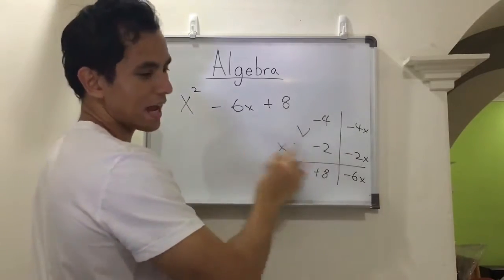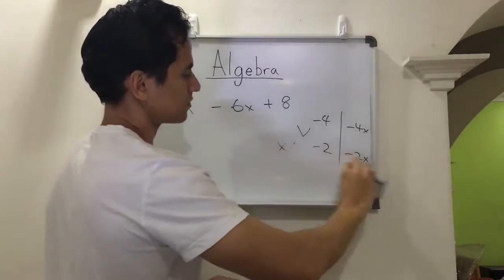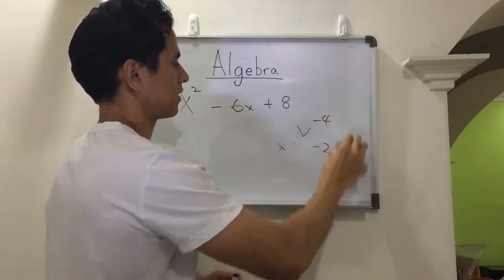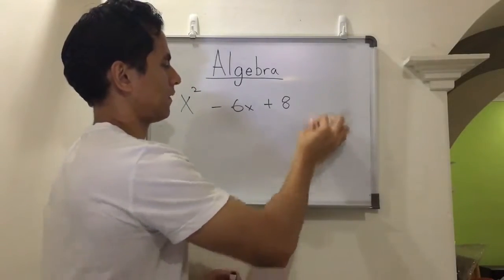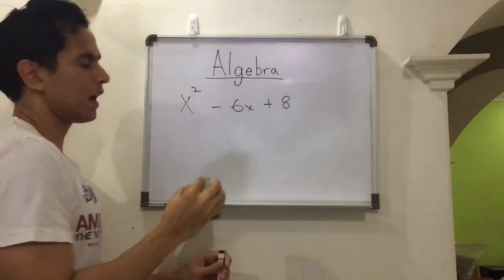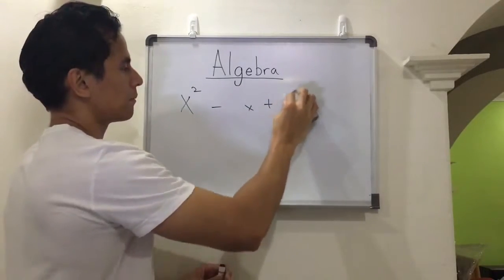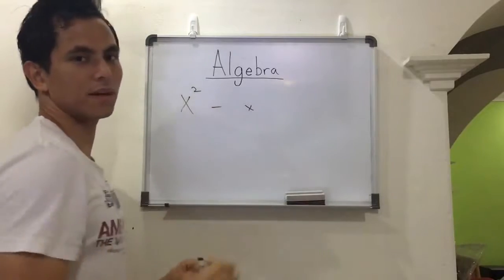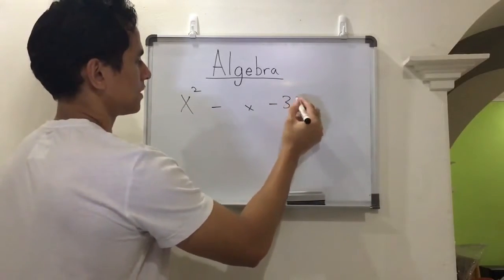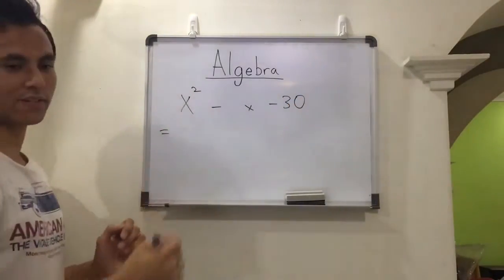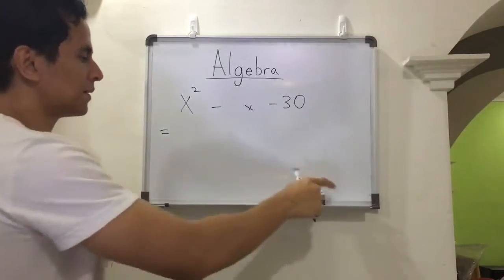Okay, say now I had x squared minus x minus 30. Okay, so minus 30. So I'm going to factorize this again in the cross method one more time.